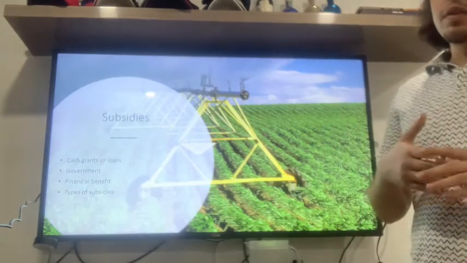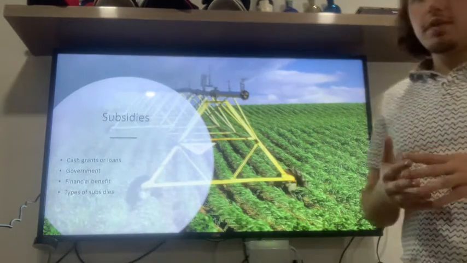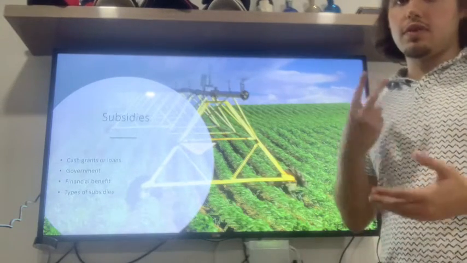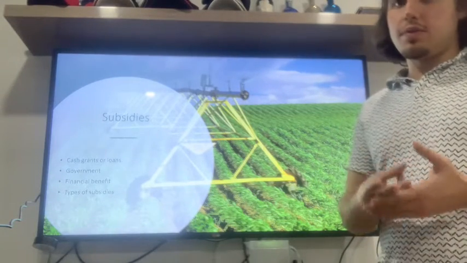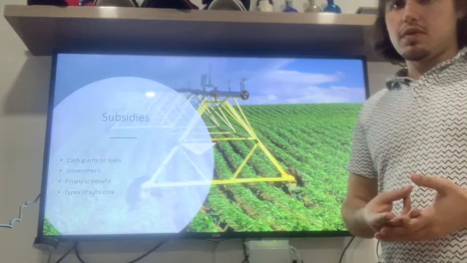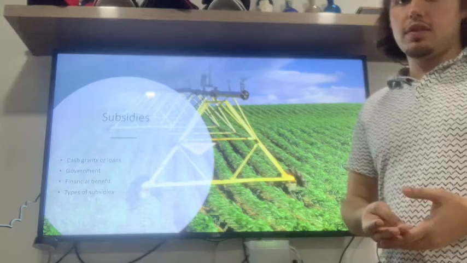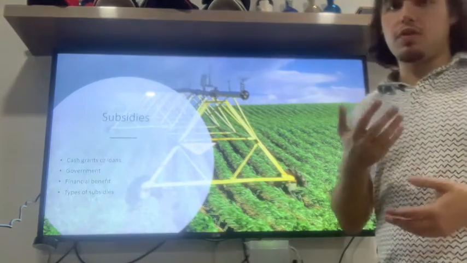And there are different types of subsidies: cash, tax concessions, exemptions, loan guarantees, and procurement policies.